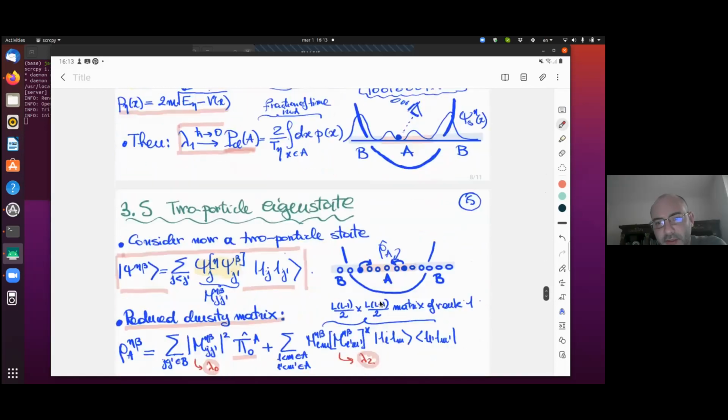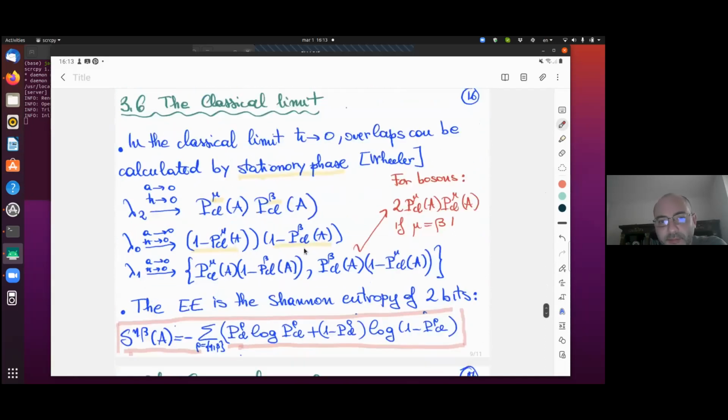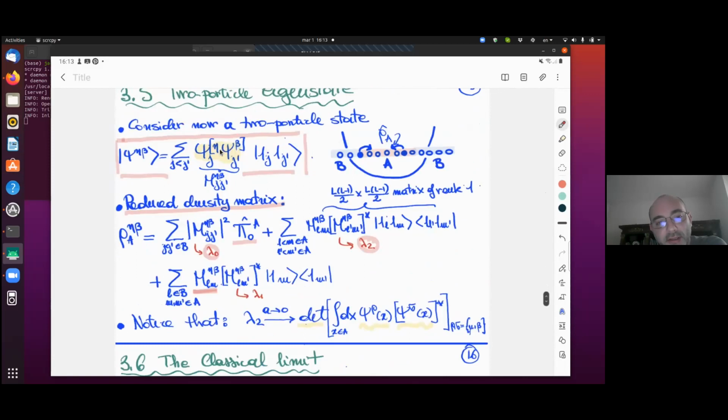Yes, I can tell you what the result will be. So it's also interesting. If you take bosons, you can do it for this simple example of two particles, let's say. You can assume that the state now is symmetric. So you can even take eta equal to beta.